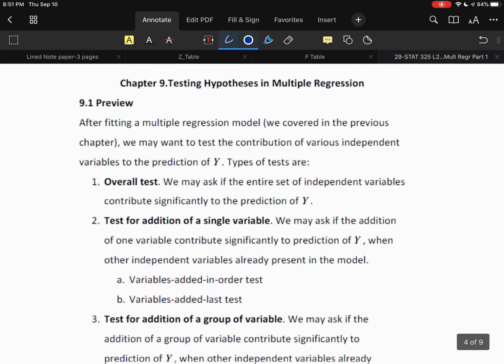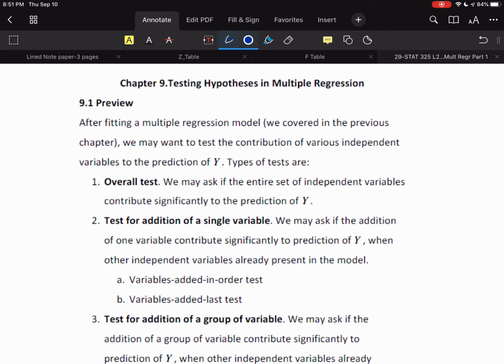So let's talk about a preview for this chapter. After we fit the multiple regression, we'll want to test how much contribution the independent variables give to the prediction of y. The better word is contribution, the prediction contribution they provide in predicting y.